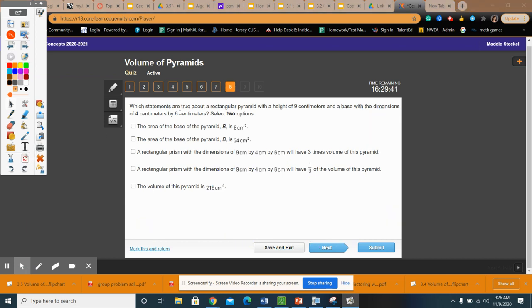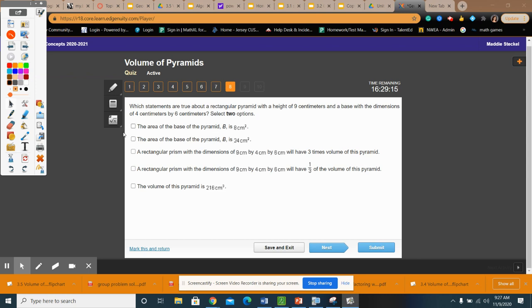Okay. You have 2 rectangular pyramids with a height of 9 centimeters and a base with dimensions of 4 centimeters by 6. Which statements are true about one rectangular pyramid, 9 centimeters high, base is this? Okay. The area of the base would be the area of the rectangle, which would be 4 by 6.